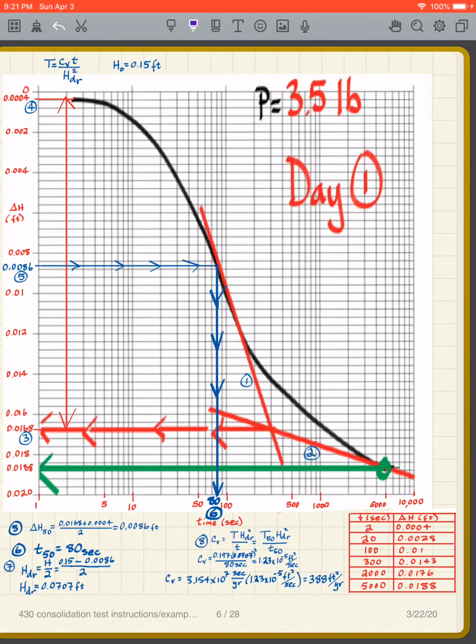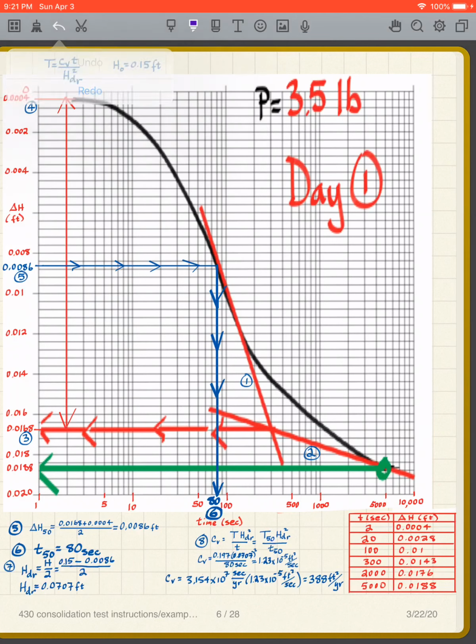Since we're doing everything at 50, I have big T sub 50 times HDR squared over t sub 50. If we look at our consolidation curves, big T sub 50 is 0.197, and I just got t50 here, which is 80 seconds, and I have my HDR here, so I have everything in this.